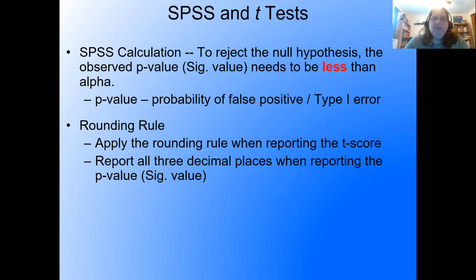Now, I know this sounds a little bit different from what we talked about with respect to how you reject when it comes to the hand calculation, because there we want it to be more extreme. We want it to be further away from zero. Now, all of a sudden, we want it to be very, very small. In fact, we want it to be as close to zero as possible.